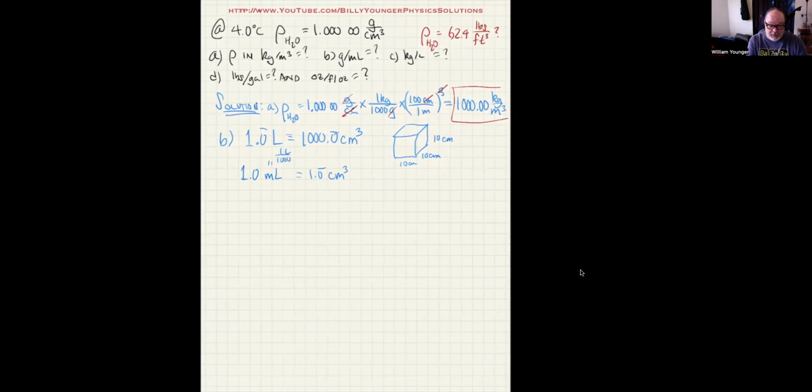In other words, I just took that definition, 1 to an infinite number of decimal places, liter, divided by 1,000 is the definition of a milliliter. So that's why I got 1 milliliter on the left. And then that's defined to be 1,000 with an infinite number of 0 decimal places, centimeters cubed. But if I divide the left hand side by 1,000, I got to divide the right hand side by 1,000, or it's no longer equal.